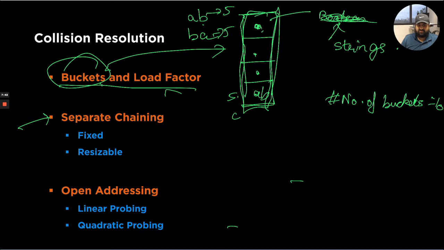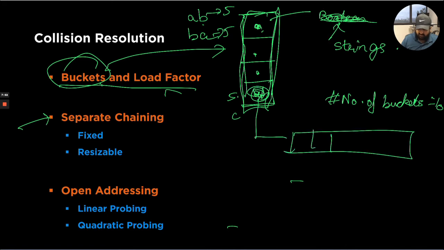How separate chaining works is essentially, instead of one bucket storing one element, you could store a linked list or any other collection to store all elements that correspond to that bucket, which in this case was AB and BA.